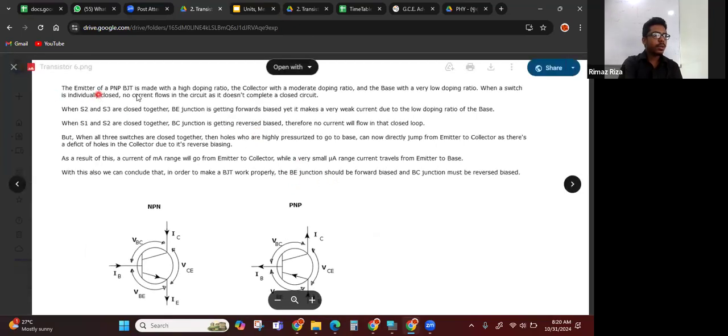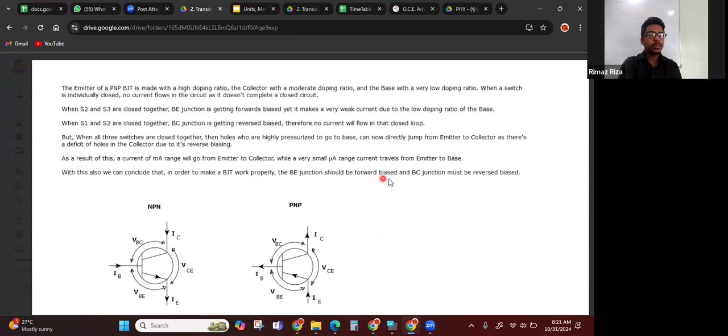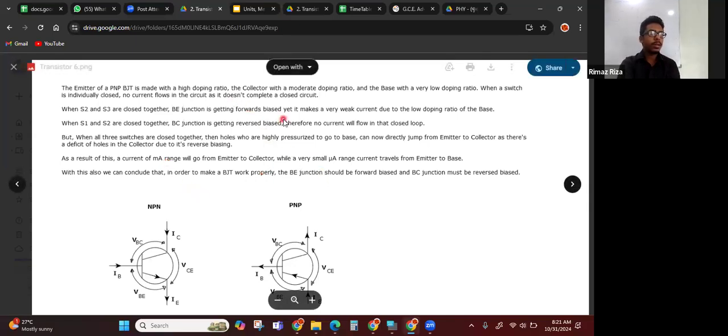So here for the PNP also, the emitter is made of high doping ratio, the collector moderate, and the base very low doping ratio. And the BE junction should be forward biased and the BC junction reverse biased. I think by mistake I was showing you the description of the NPN one. So this is the PNP one.